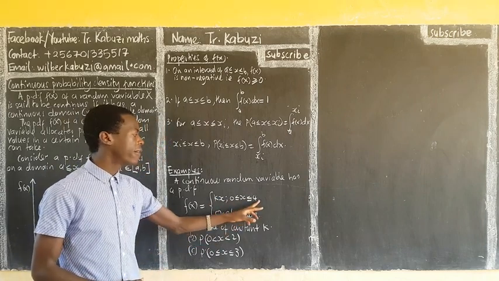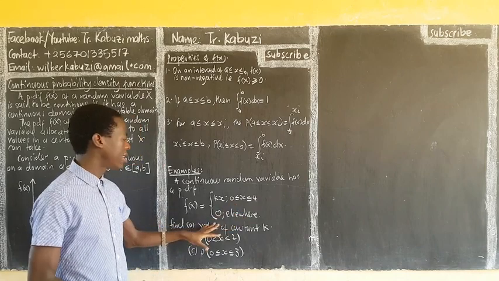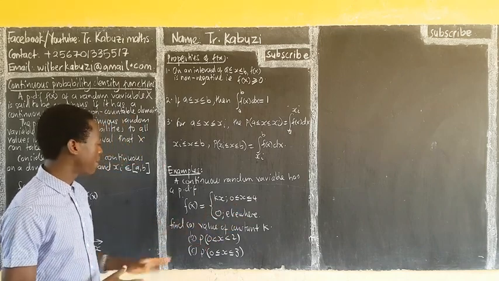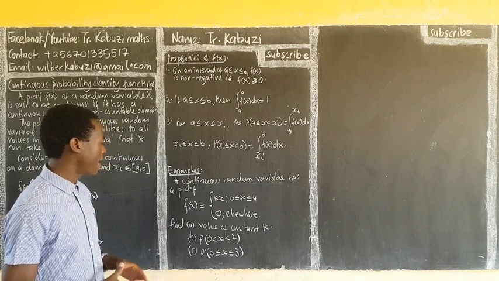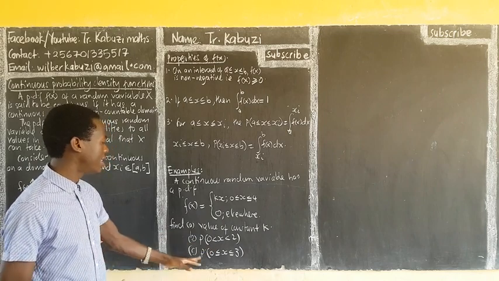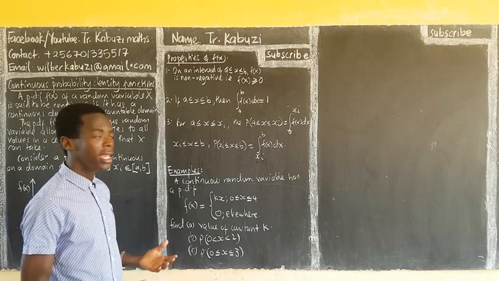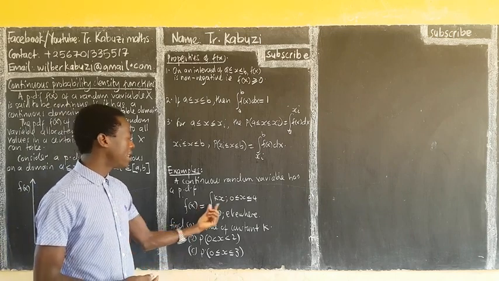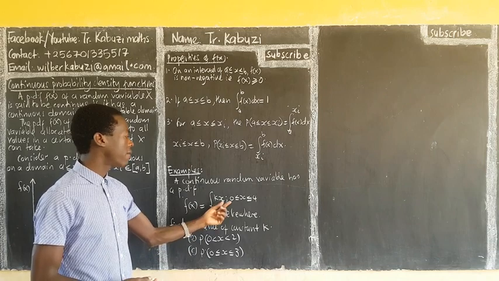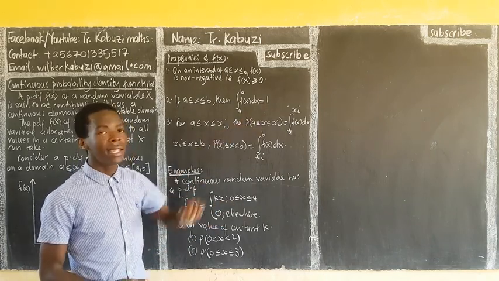If it's beyond 4 or less than 0, then it's 0. Simple terms. Find the value of the constant k, then find this, then find that. To get the value of constant k, all we need to know is that when I integrate this PDF, all the probability from 0 to 1, I should be getting a unit.